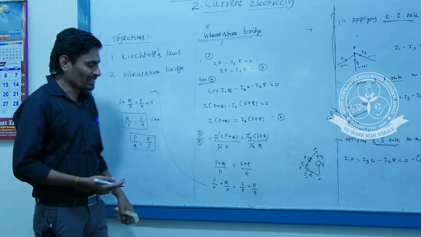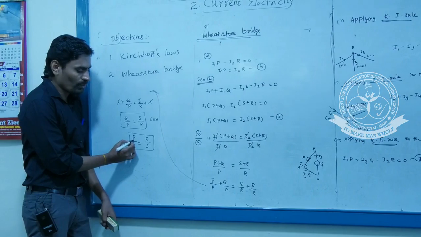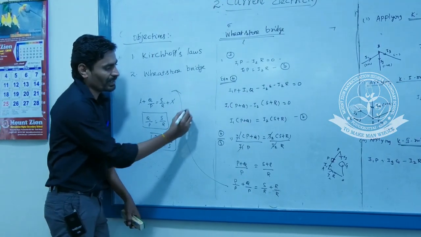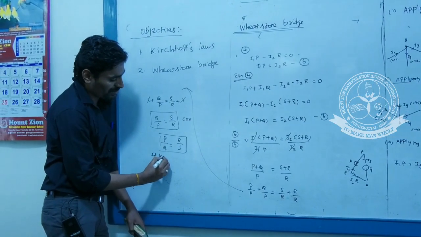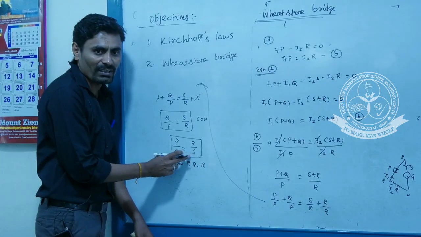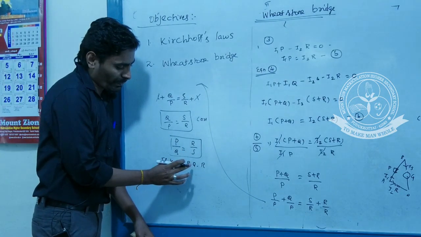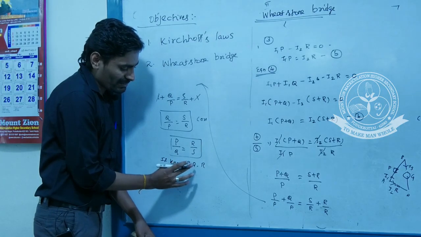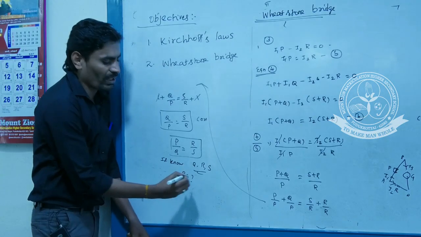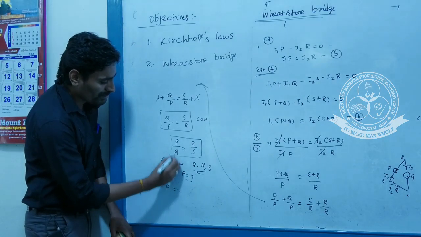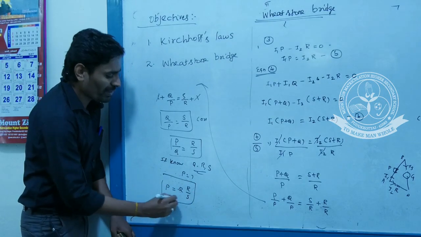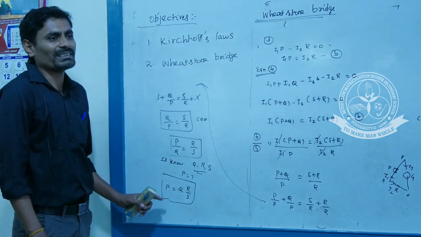If we know the resistances of P and Q, then we compare R and S. If we know the three resistances P, Q, R, then we find the resistance of S. And if we know the resistances Q, R, S, we find the unknown resistance of P. The formula is P equal to Q into R by S. Hence with this formula we find the unknown resistance. So that is the Wheatstone bridge.